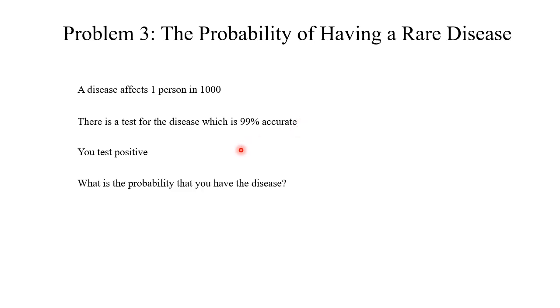What is the probability that you actually have the disease? Now, again, this is not difficult, just a bit of arithmetic, but this questionnaire was sent to thousands of doctors, and they nearly all got it wrong. So see what you can do with this. The answer is a little counterintuitive.